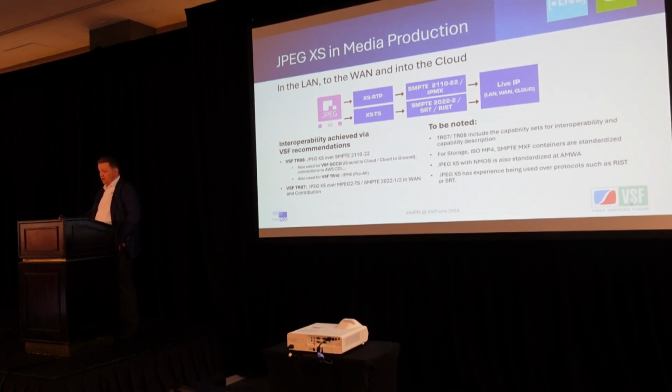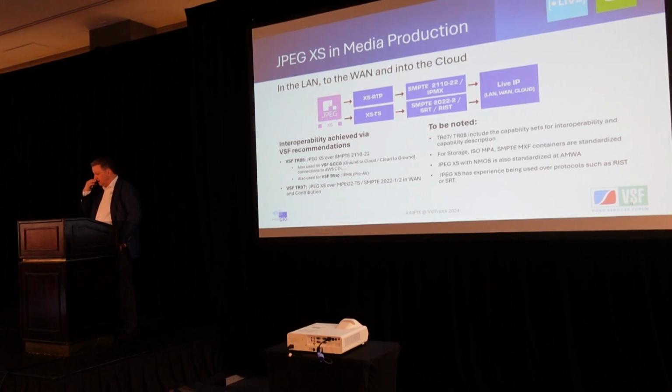A lot of the interoperability that's out there has been achieved by following the VSF recommendations, such as TR-08 for 2110-22, but it's also being pulled into the ground to cloud, cloud to ground effort, as well as the TR-10 activities for IPMX. And then on the TR-07 side, because you're still going to want to support stuff over transport stream in WAN and contribution modes.